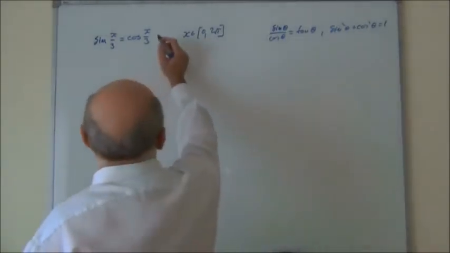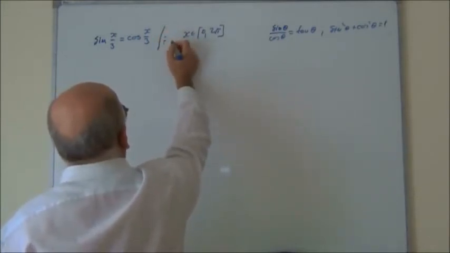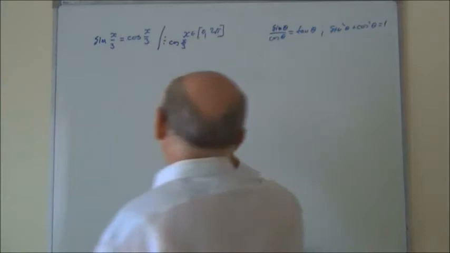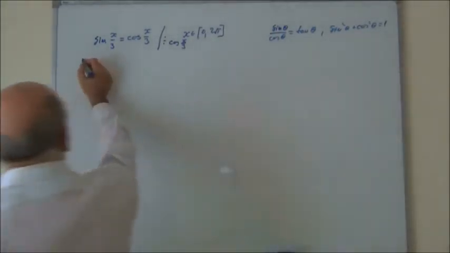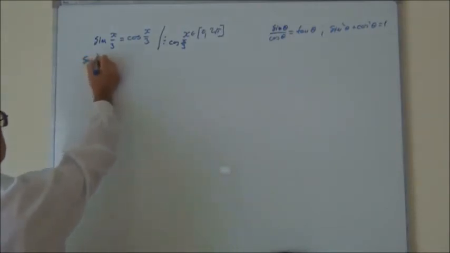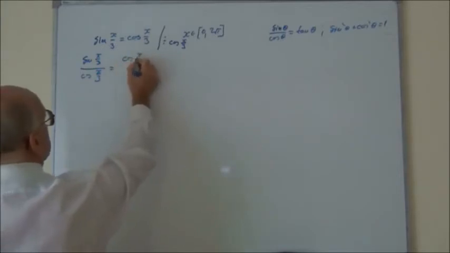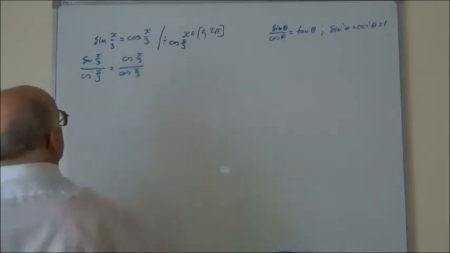However, if we divide this equation by cos x on 3, then what do we have? Here we have sine x on 3 on cos x on 3 equal, and here cos x on 3 divided by cos x on 3.